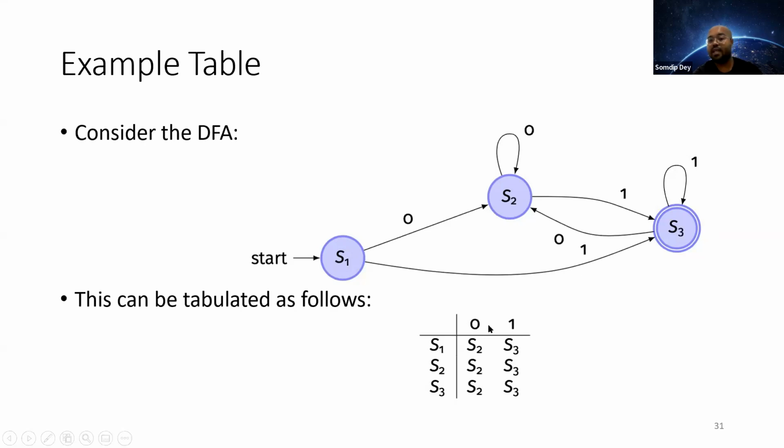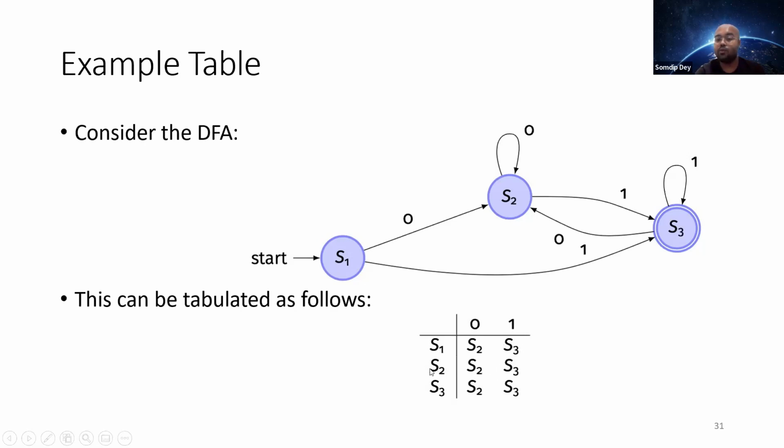So we put them as 0 and 1. Now given this, you can see S1 for 0 can move to S2, so we write down S2 here. If the input is 1 for S1, it can move to S3, so we write S3 here.